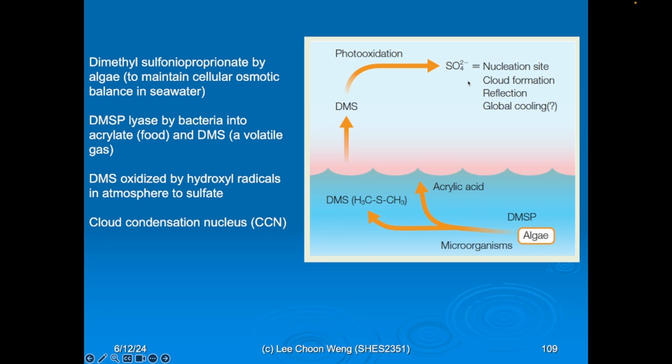There is a hypothesis that when global temperature increases, tropical algae, which release more DMSP, can increase their distribution to wider areas, and therefore the amount of DMSP release is also increased, which will bring about more cloud formation.